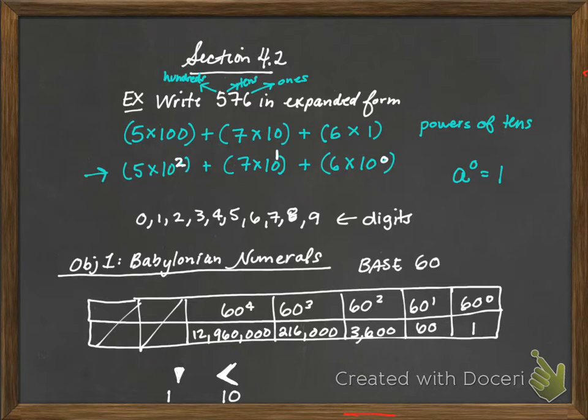The reason their symbols look like this is that they were using clay tablets and a reed stylus. You just stuck the reed stylus into the clay, and it made those shapes really easily. They did not have paper, so things probably weren't that easy to compute for them. Could you imagine having to carry around a clay tablet everywhere with you? It's insane. So anyways, no paper for the Babylonians, just the Egyptians and forward.